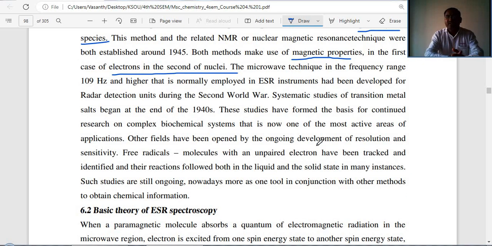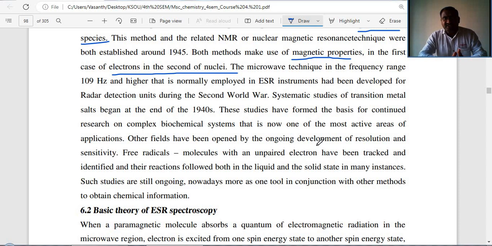The microwave technique in the frequency range of 10^9 Hz and higher, normally employed in ESR instruments, had been developed for radar detection units during the Second World War.